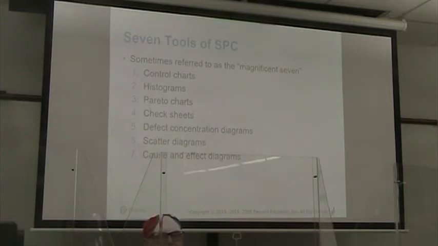Pareto charts for prioritizing quality improvement. Check sheets. Check sheets can be used to avoid errors or to discover where errors are happening. Defect concentration diagrams, scatter diagrams, and cause and effect diagrams.